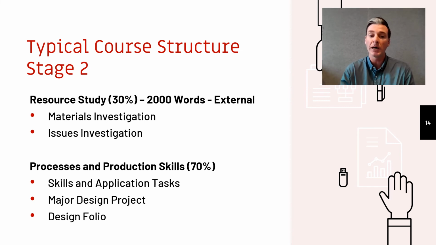Then you would have one major project that runs over the full year. You can imagine the complexity that goes into that, but it is a great opportunity to really put ideas into reality for those students wanting to study the course. It's again supported with a design folio that supports each step of the design process: the investigating, the designing, the planning, creating, and then the evaluating at the end.